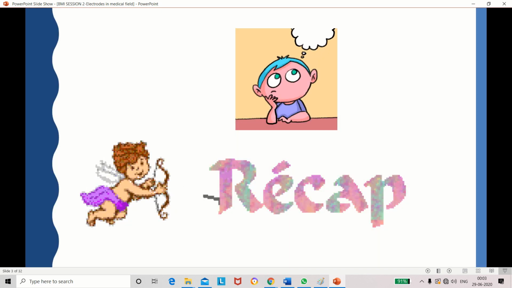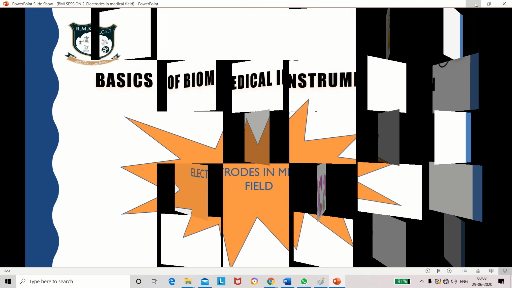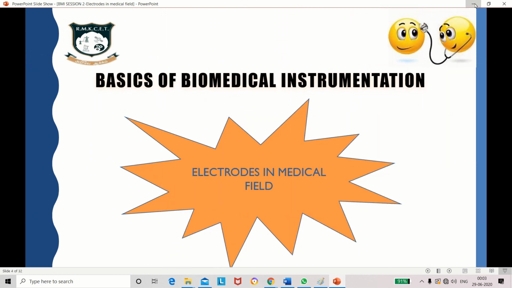In the last session, we discussed what is instrumentation, what the different mechanisms in instrumentation are, and how this instrumentation works in the biomedical field. In this session, we are going to discuss what electrodes are and how they are useful in the medical field.